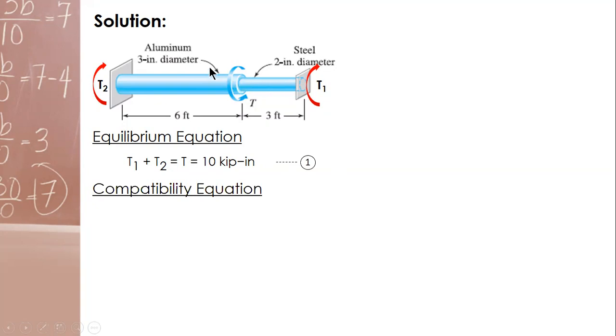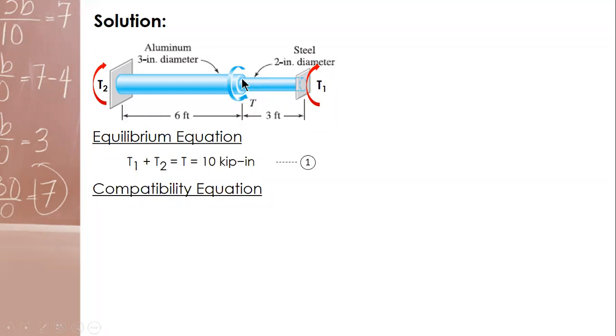Ang junction sa aluminum o steel, rigid ang pag-attach but it doesn't mean na dili siya ma-twist. Ang attachment is rigid, pero mo-twist niya siya. Di ba? Ang kondisyon lang ani niya, kung rigid siya, it means na ang amount of twist sa aluminum will also be equal to the amount of twist sa steel kay ang connection rigid man.